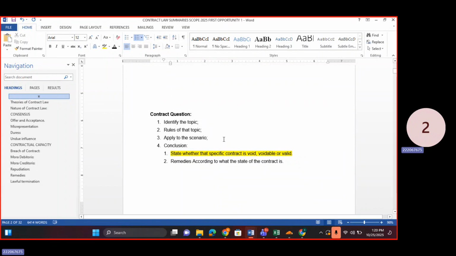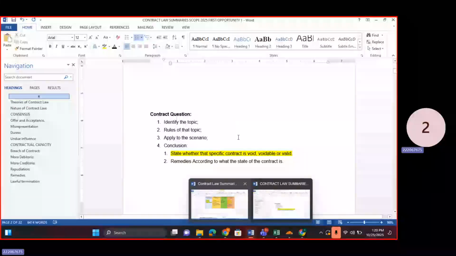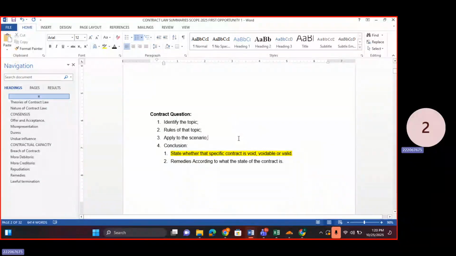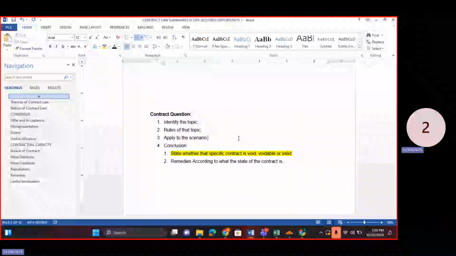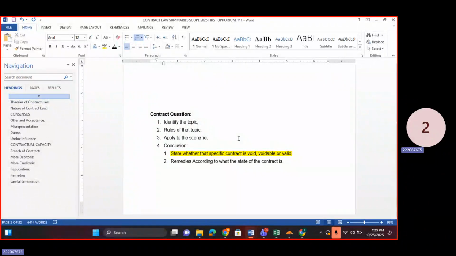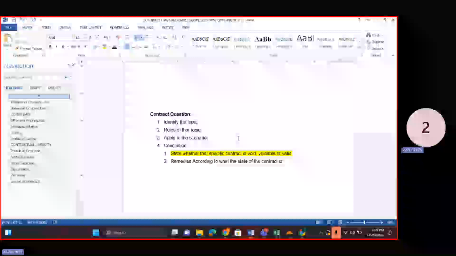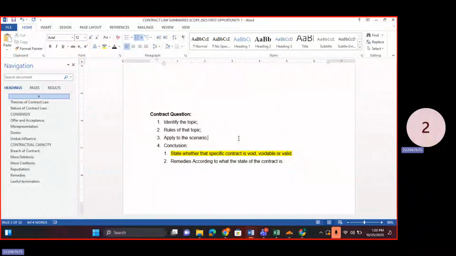So in every scenario that you get in contract law, they will say that X and Y entered into a contract. This is what happened, but X is refusing to do his part and stuff like that. So what happens now? Or let's say X is a 13-year-old. He entered into a contract with a 25-year-old, and then the 25-year-old wants to sue the 13-year-old because he didn't do his part.